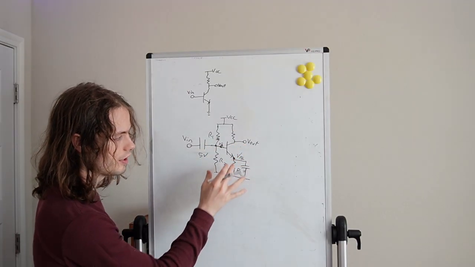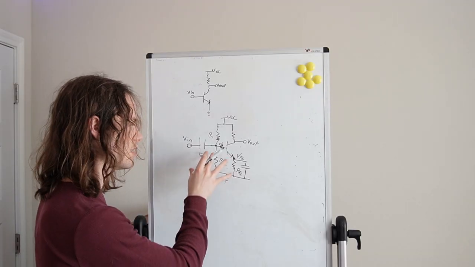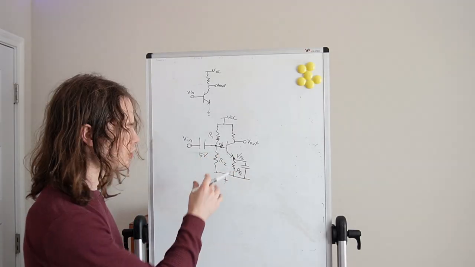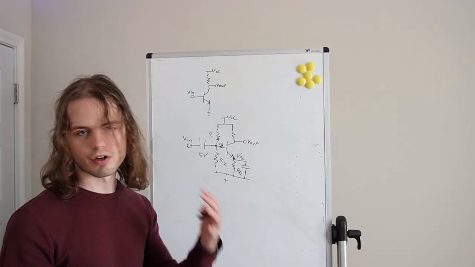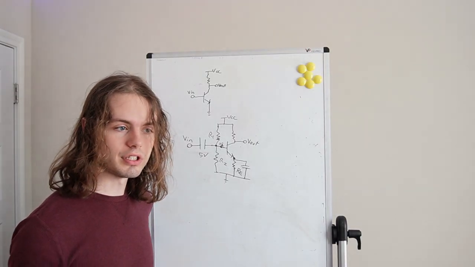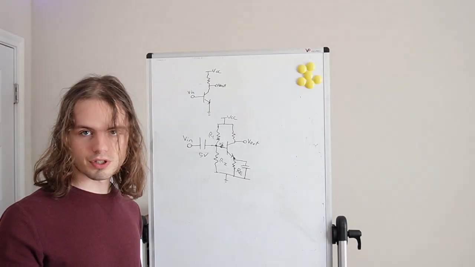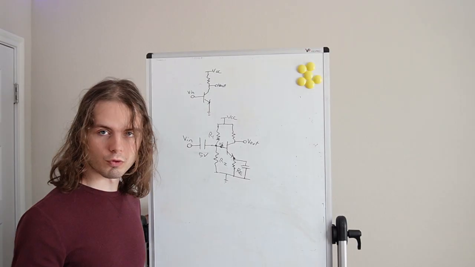As current increases on the collector, this will find a stability point so that the current going through here, IB, will generate just enough collector current. You may ask, what causes these fluctuations in IC that would be a problem? Well, there's two I'll mention. One is called thermal runaway.